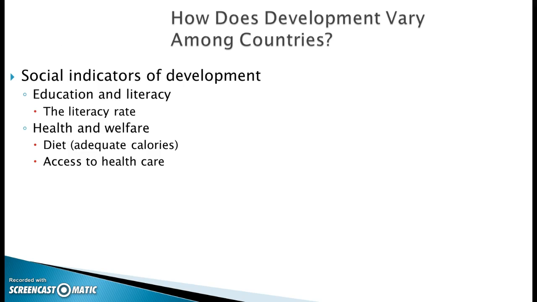Okay, so another way to look at how development varies among countries is to look at social indicators of development, and these are things related to society. Okay, so one of the ways to approximate education levels is to look at the number of people who can read and write. And so what we call that is the literacy rate. In countries that are more developed, your literacy rate oftentimes is 95 to 99% or higher. Right, certainly here in the US it's that high.